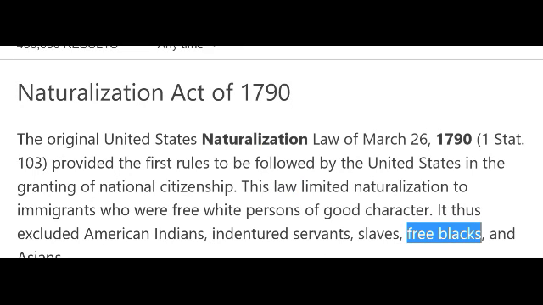When we fill out forms like the Social Security SS5 form, when we do it for our babies, they're asking us, are you a citizen, or are you a free black, or any of the other ethnicities? Because whiteness means citizenship here.